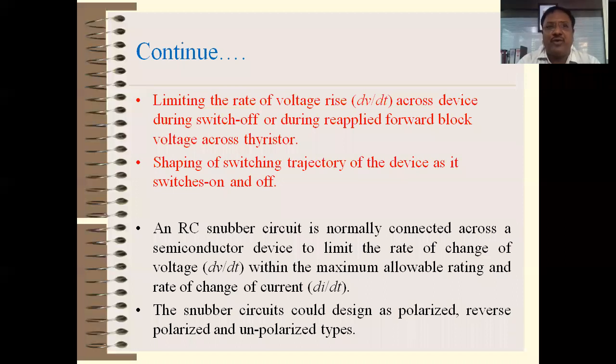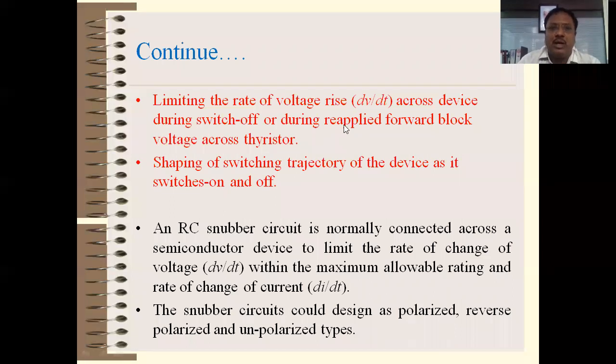For protection from high current spikes, we normally use a fuse, right? Fuses are selected in such a way that if you have a power device with a current handling capacity of 10 ampere, we should select a fuse rated below 10 ampere so that the current does not exceed the maximum current handling capacity of the device. So if the power device handles up to 10 ampere, we connect a fuse in series with the power device to break at 9 ampere so that the device is protected from any high current spike.